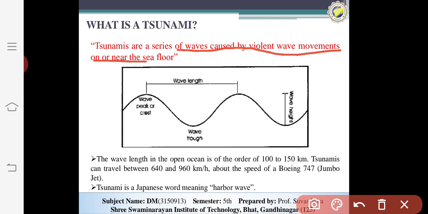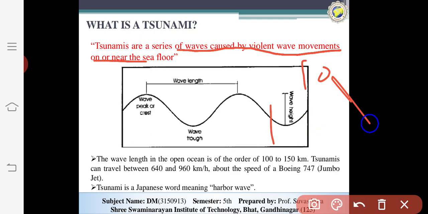In another way, we can say that the wavelength in the open ocean is of the order of 100 to 150 kilometers.